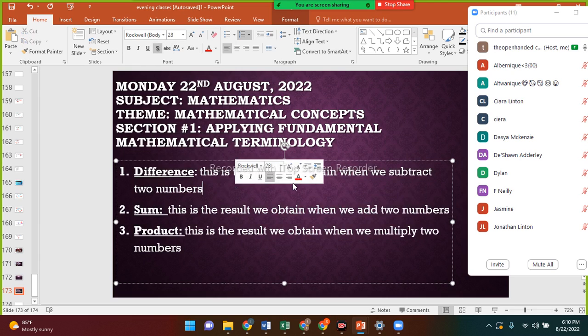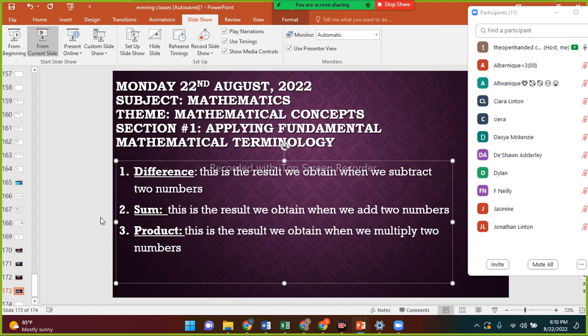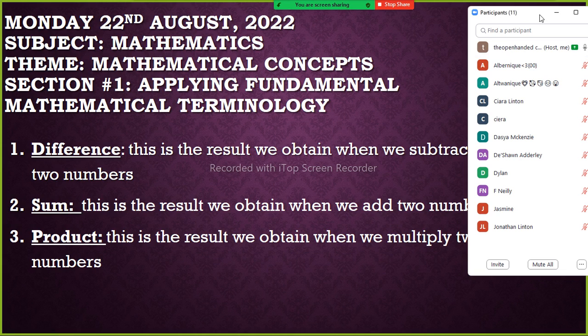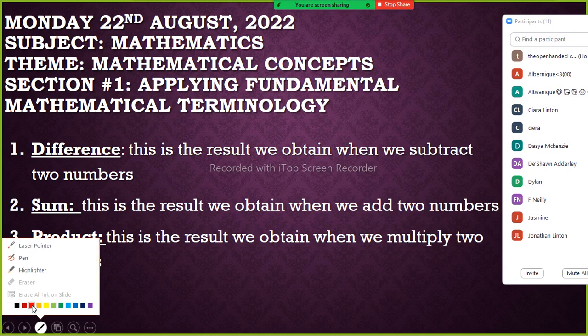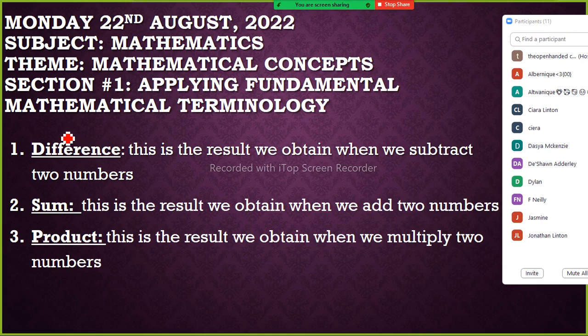I should say when we add, subtract, or multiply two numbers. So when we hear difference, I want us to think subtraction.